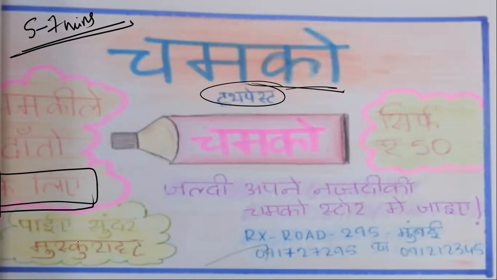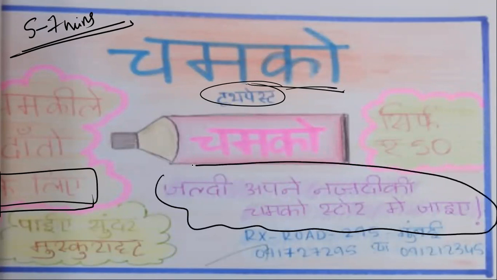So paiye sundar muskurahat. These are some of the properties, something that attracts people, and I just put it in a cloud so that it looks neater. And you can use some colors, different colors, and I just shaded wherever possible quickly. And this is important whenever it is a product, so that you have an edge in your Vigyaapan.